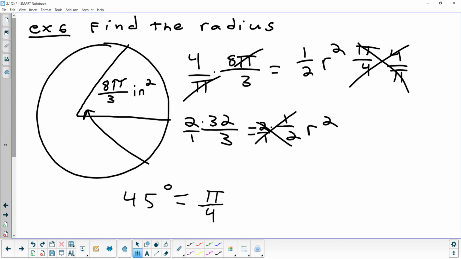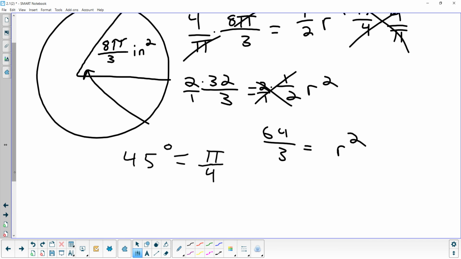2 times 1/2 is a 1. That cancels out. 2 times 32 is 64 over 3. And now I have r squared. And lastly, how do you get rid of an exponent of 2? Adding, subtracting, multiplying, not going to help anymore.